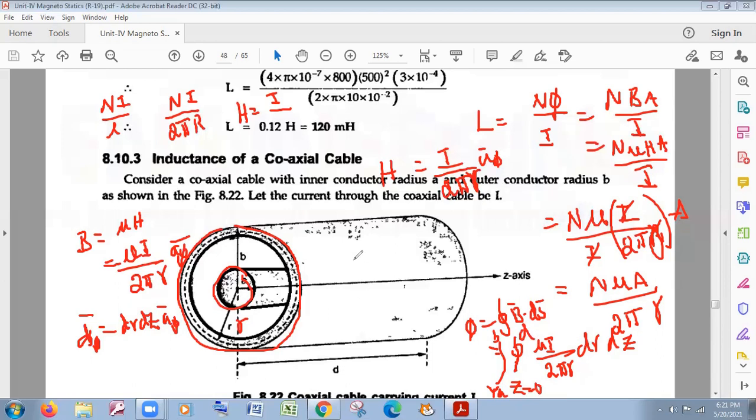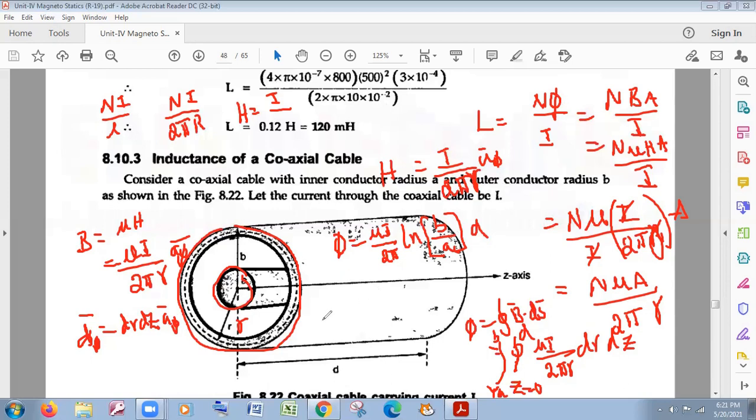So phi is equal to, we got mu I by 2 pi r with 1 by r there, so ln of b by a, and with dz the integral gives d. So mu I d by 2 pi into ln of b by a.